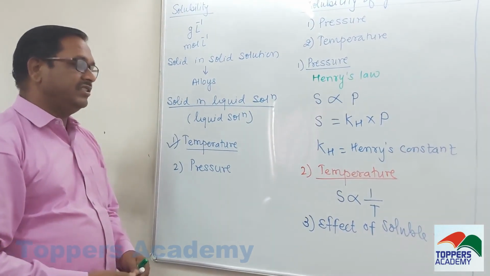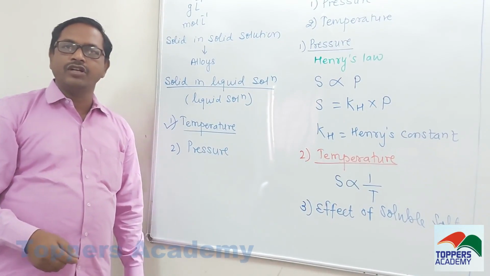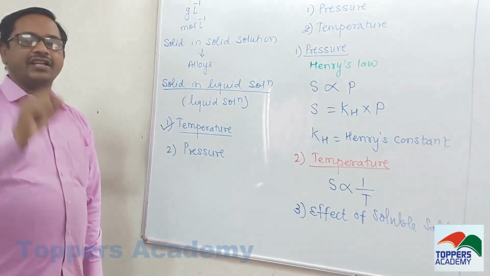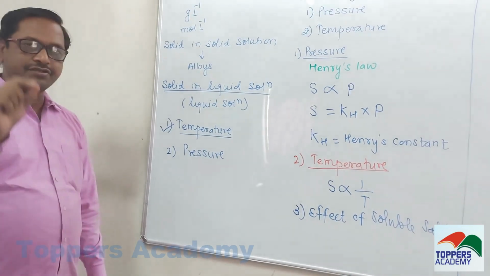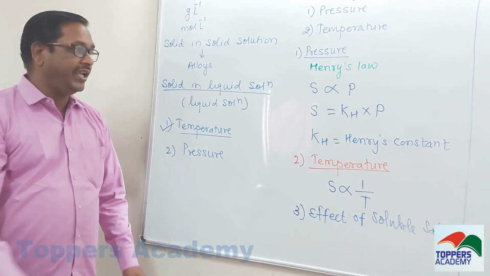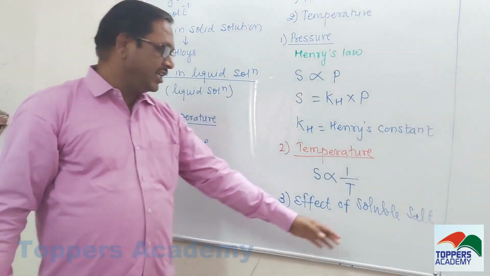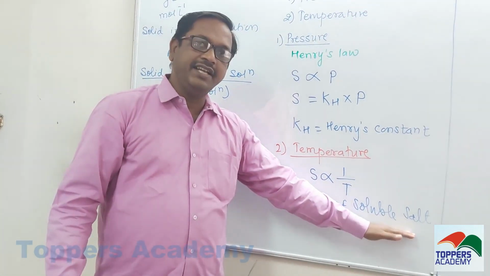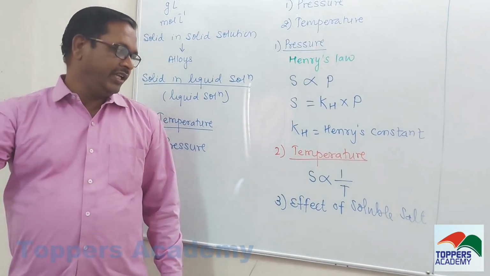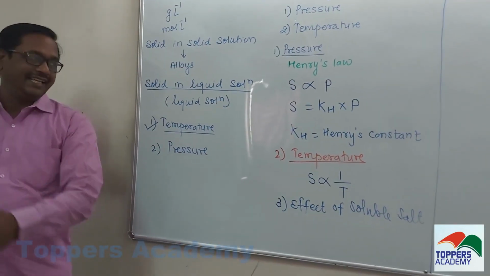See the very simple example. When you open the cold drink bottle, and in that cold drink bottle if you add a certain amount of salt, then what happens here? The gases escape rapidly from the cold drink bottle, because due to the soluble salt present in the liquid, the solubility of gas goes on decreasing.